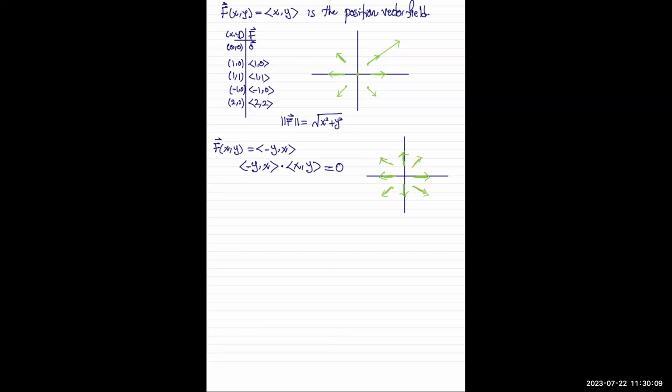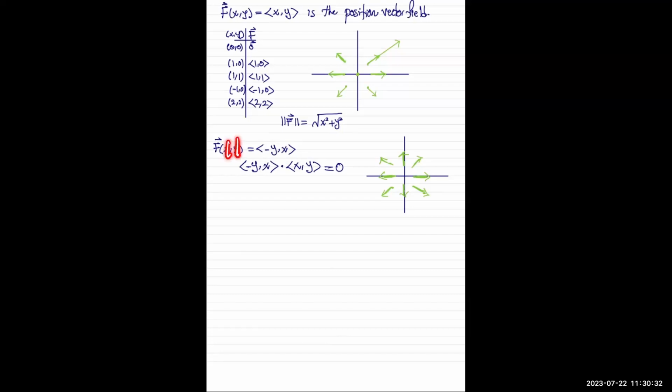So this is the previous vector field. Now, drawing this vector field, let's just plot 1 point. Let's say we do this at 1, 1. You get the vector negative 1, 1.